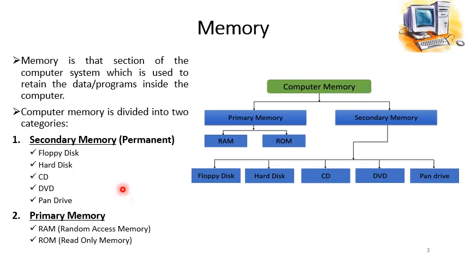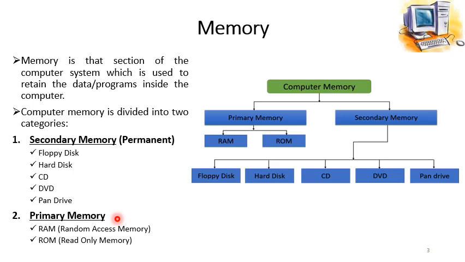Some people define the primary memory as a volatile memory or a temporary memory, but this definition is wrong. Primary memory doesn't mean that this kind of memory will always be temporary or volatile, and that when the power is switched off or the computer is switched off, all the data inside the primary memory will be lost.